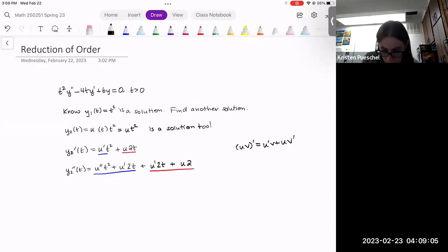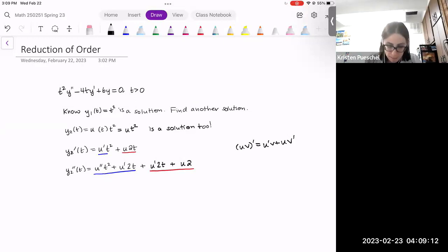Now what we're going to do is take these derivatives and put them back into our differential equation. So that differential equation is right here.